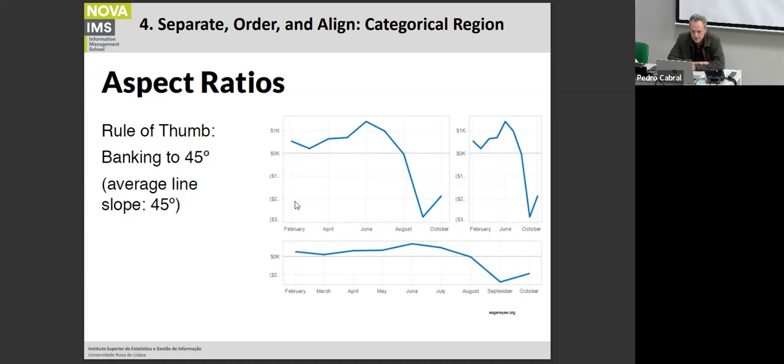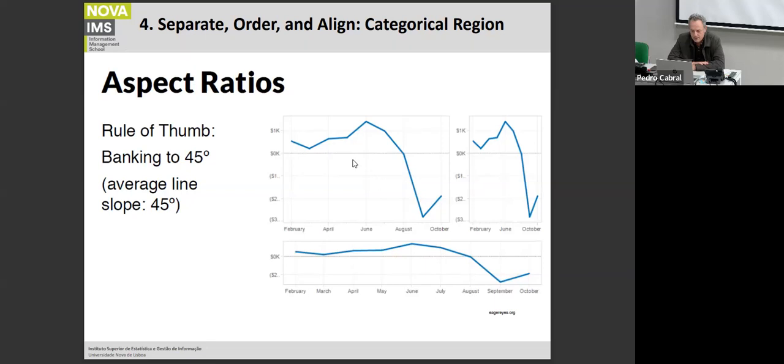Another way of controlling the appearance of the chart would be to contract or expand the size of the x-axis. This is exactly the same data set. If I use a more detailed or more expanded x-axis, I will be telling a different visual story, right?